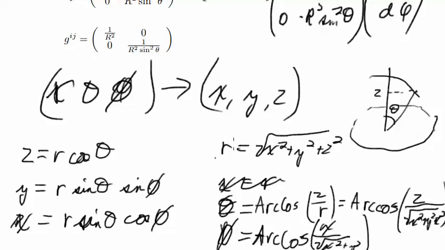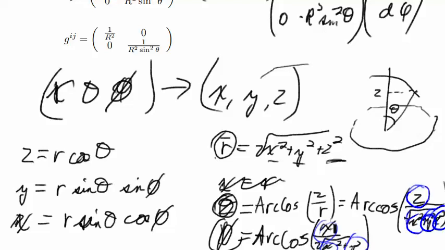So that would give us r, theta, and phi in terms of x, y, z, and x and y.